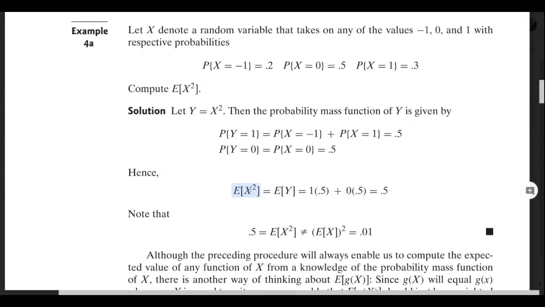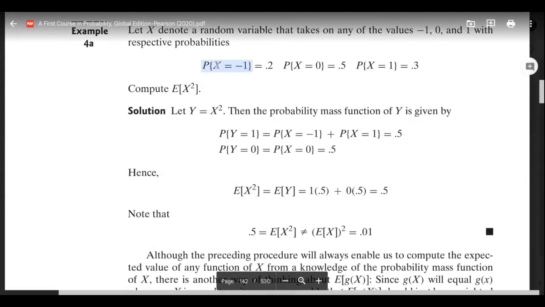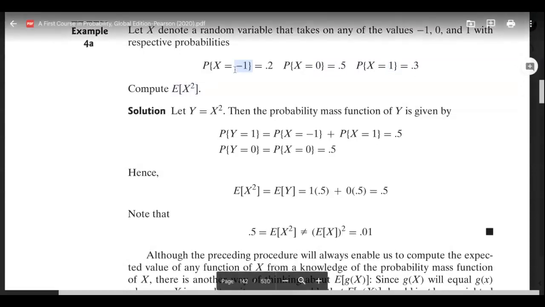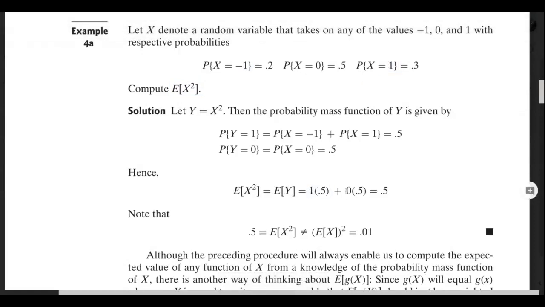The original random variable takes the values -1, 0, and 1. Since now we're squaring the random variable, -1 squared is 1, 1 squared is 1. So we have 1 times 0.5 plus 0 times 0.5, which equals 0.5.